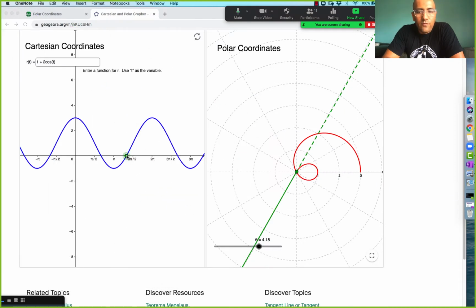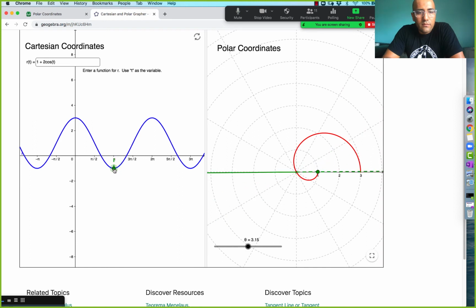So from pi to 4 pi over 3, I create that little part. So even though the ray is in quadrant 3, I'm really graphing back in quadrant 1 because the r values are negative. And then the rest of quadrant 3 goes from there to there.